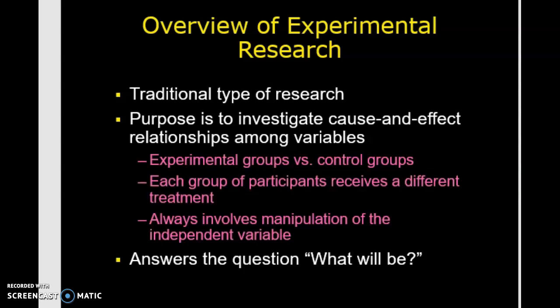The purpose of experimental research design is to investigate cause and effect relationships among variables. That is, to determine what the cause of something is and what the outcome of something is.